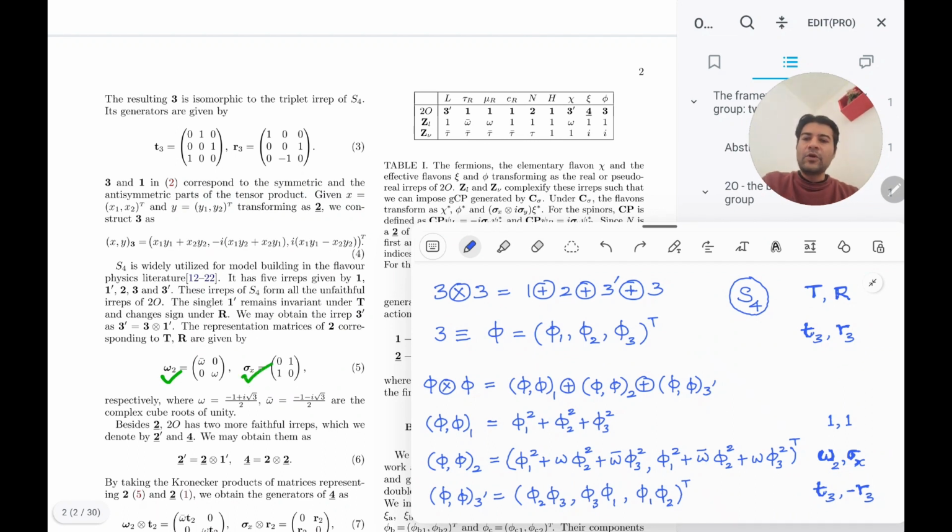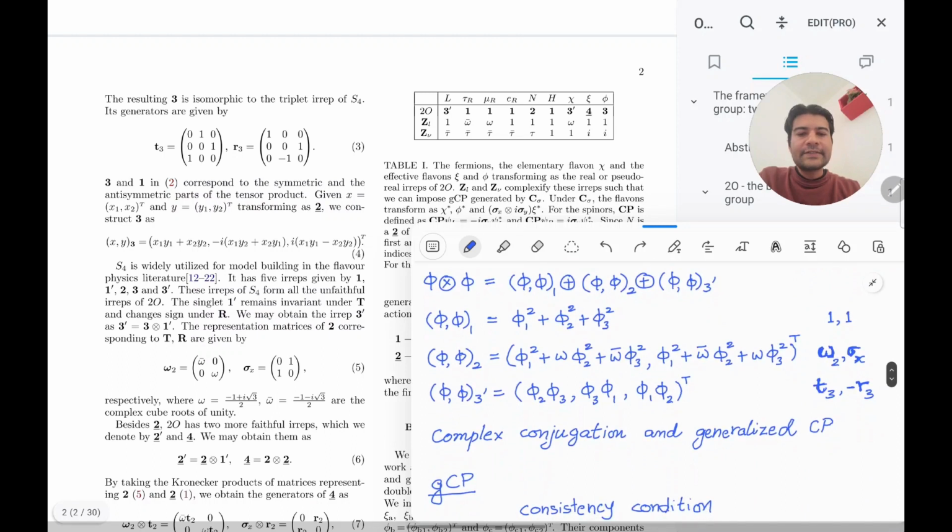And here the bold omega 2 is a complex matrix, but keep in mind that 2 is in fact a real irrep. And finally, we have 3 prime, which is generated using T3 and minus R3. This is my setup.